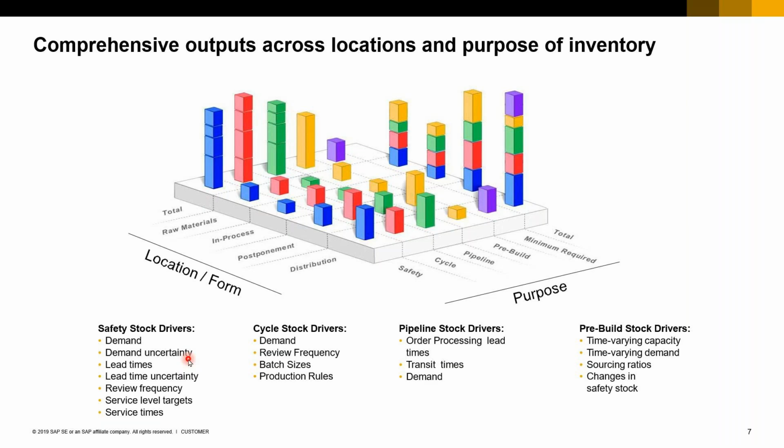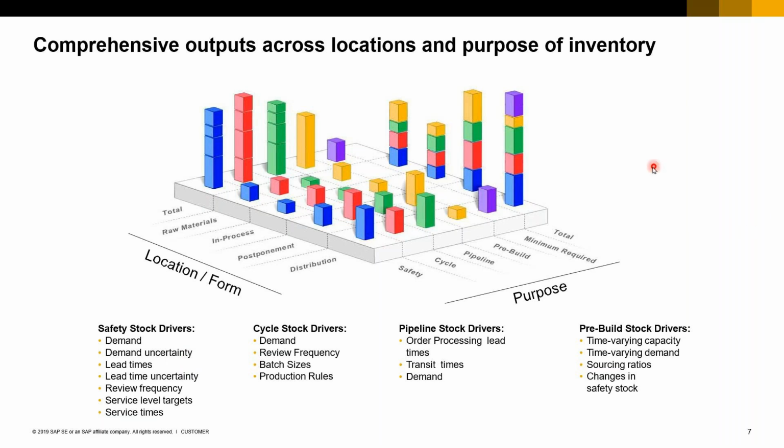The coefficient of variation, forecast error CV, will increase. Then your safety stock recommendation will also become high because uncertainty is more, right? So demand variability is more. And we'll also see there are different kinds of demand variabilities as well.